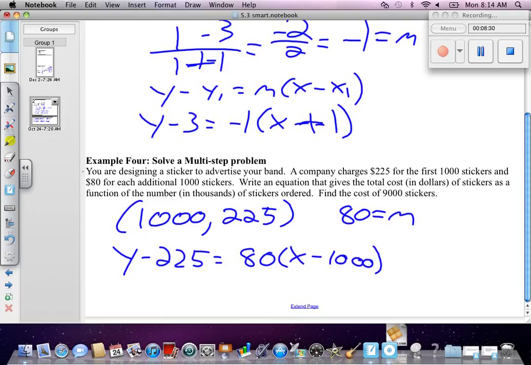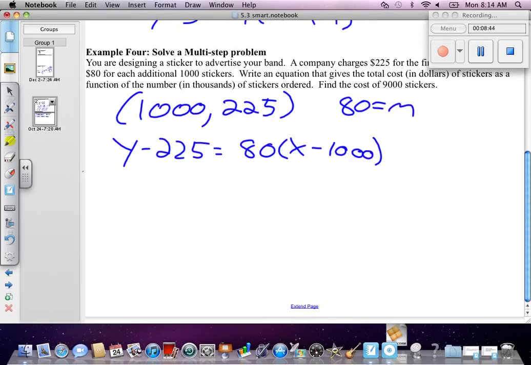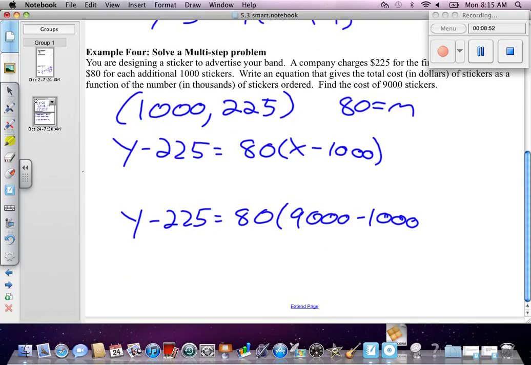Okay, and then I'm going to get out a calculator because I don't want to do minusing thousands in my head. And I'm going to plug in 9,000 for x. So I have y minus 225,000 equals 80 times 9,000 minus 1,000.